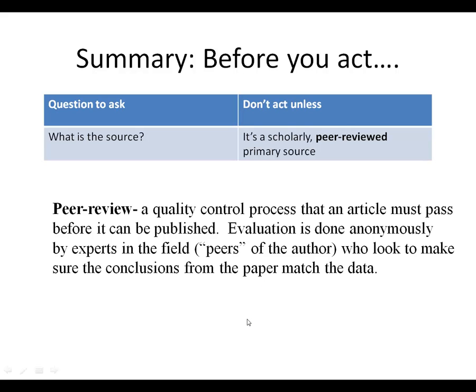Peer review is a process that a publication has to go through in order for it to be declared fit to be published. What peer review is, the peers are other experts in the field whose expertise is such that they can be reliable judges of whether the science that's in the paper is sound.